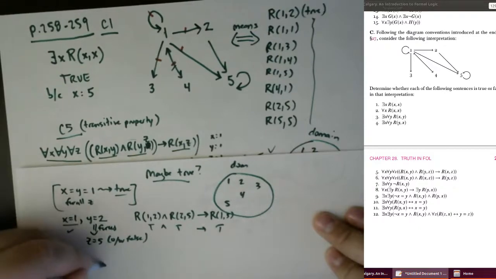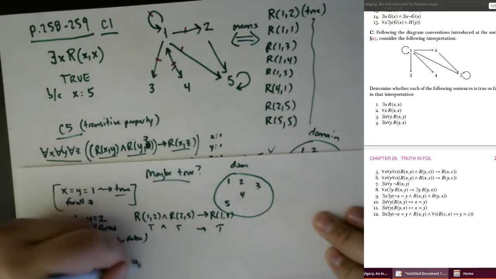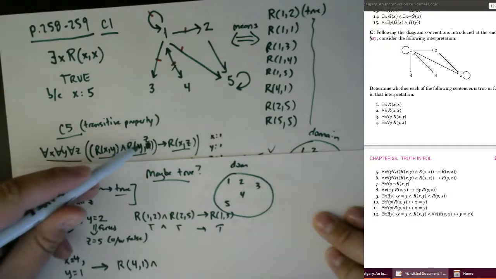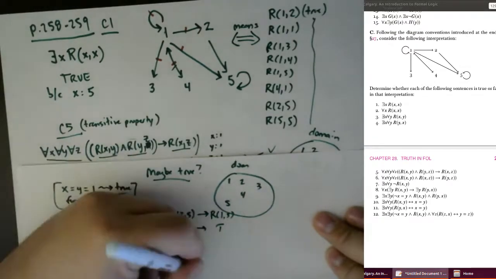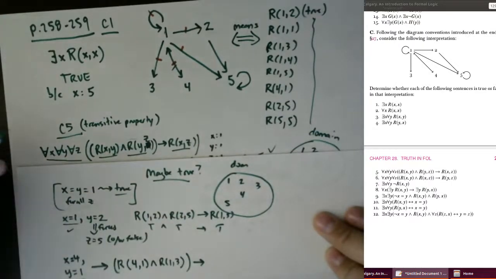What do I get there? I'll get R 4, 1 and R 1, 3 implies R x z, R 4, 3.